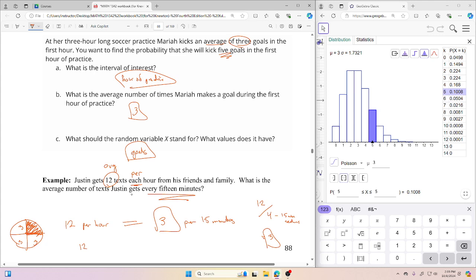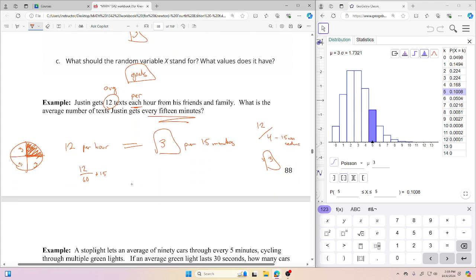So it's 12 over 60, and then times the 15, and that is exactly right. Let's do it right now since you mentioned it, because that is what we're going to do going forward. So this was texts, and there are 60 minutes in an hour.